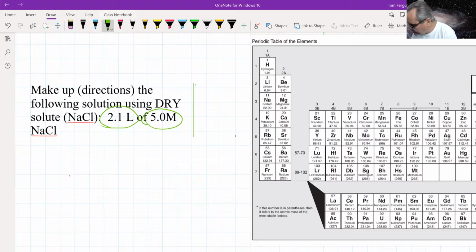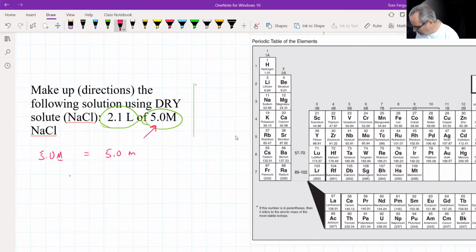Okay, this goes back to what is the definition of molarity. 5 molar is the same as 5 moles in 1 liter of solution.